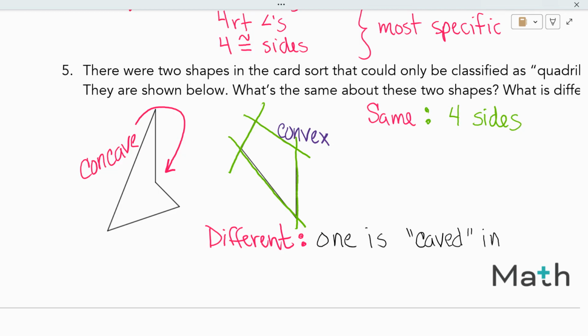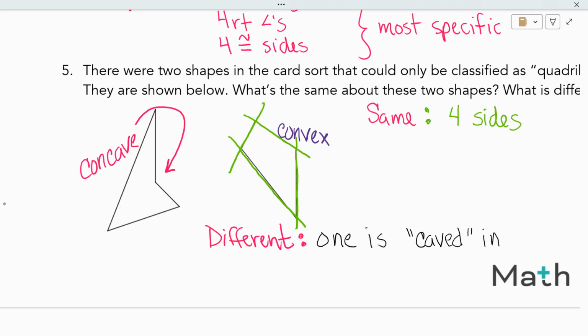Meaning, no matter how long I make these, do they ever get inside the space? No. That's what convex is. The lines never cross inside the shape. The segments that create the shape, if you extend them, never go inside of it.